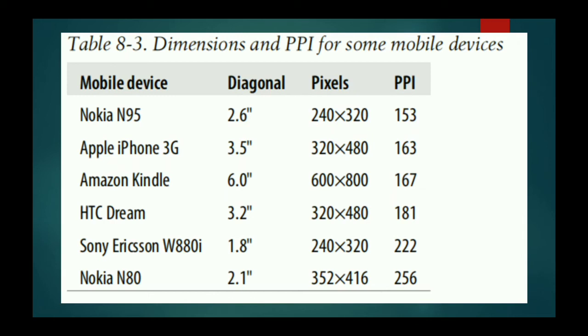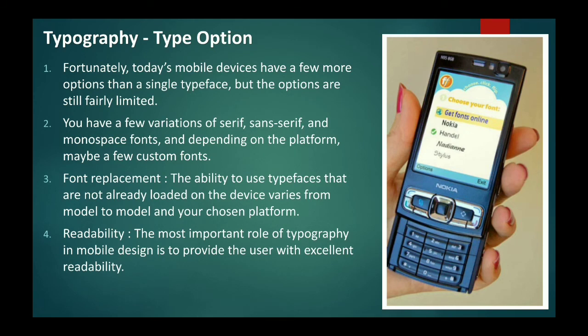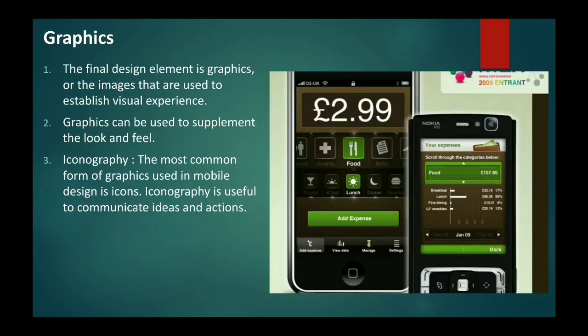For phones like Apple iPhone 3G, Amazon Kindle, HTC Dream, Sony, Nokia, all this information is present. The typography type option is the one from which you can change the typeface, that is, the font can be changed.